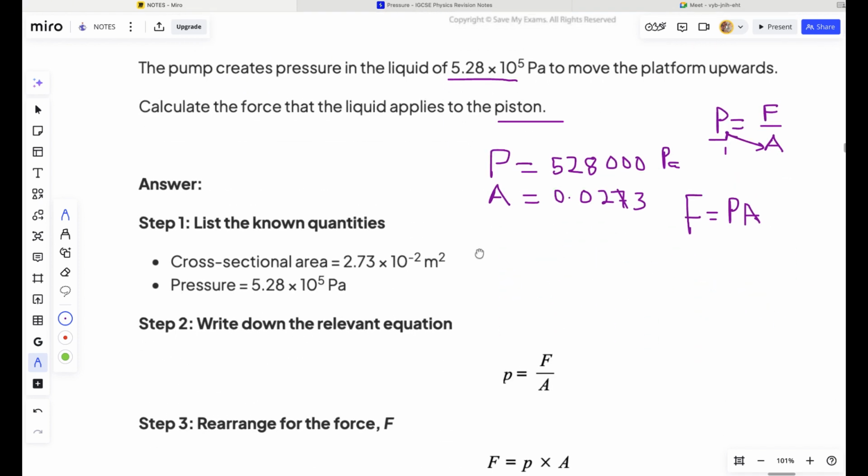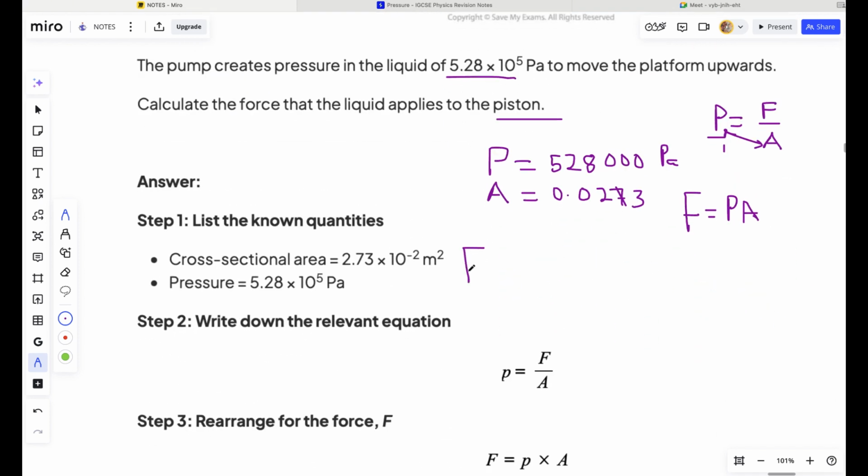So force is equal to our pressure, which is 528,000 Pascal, multiplied by the area. What's the value of the area? The value of the area is 0.0273.